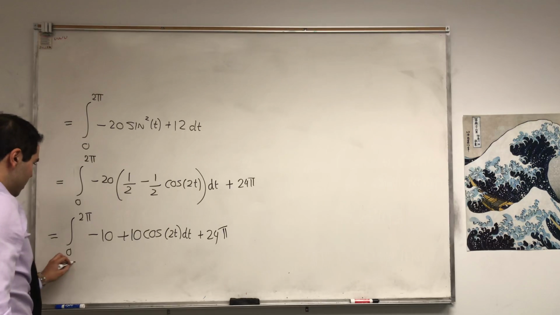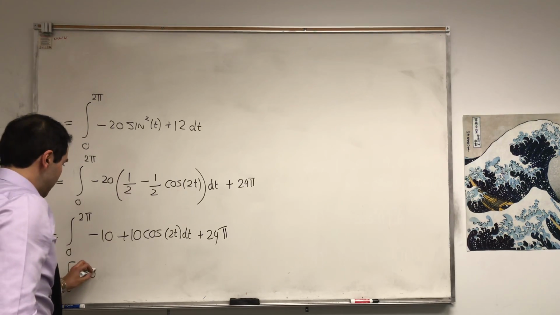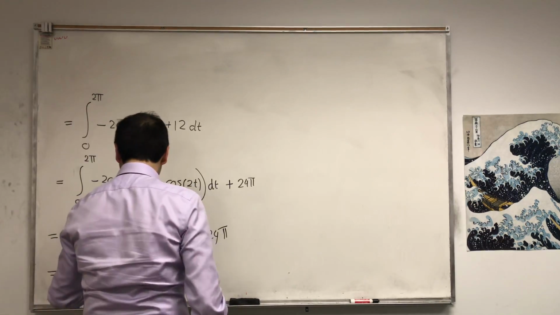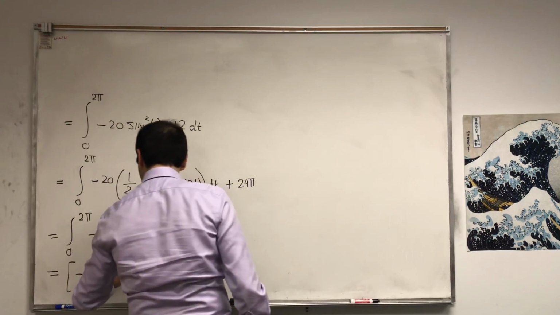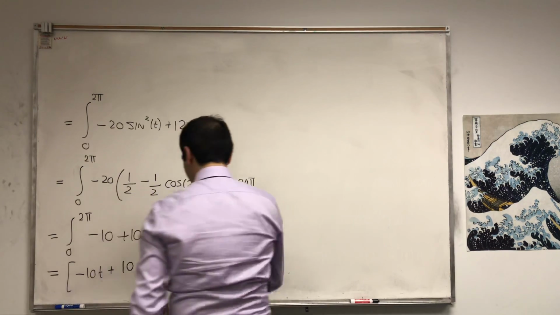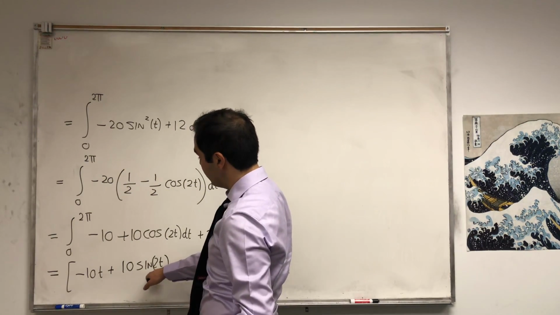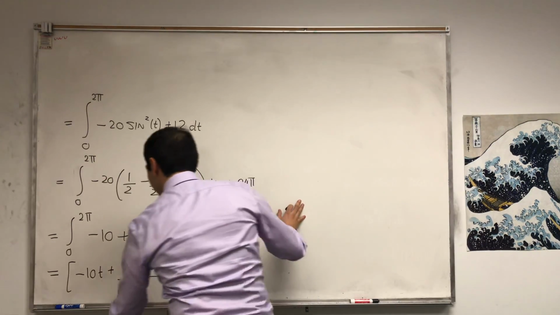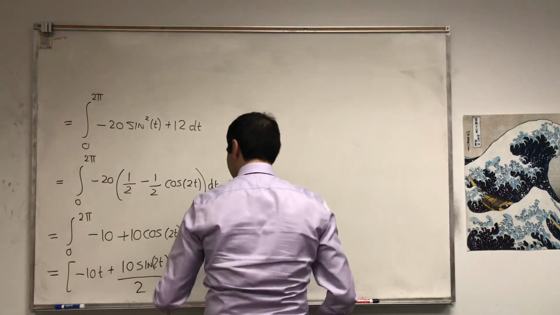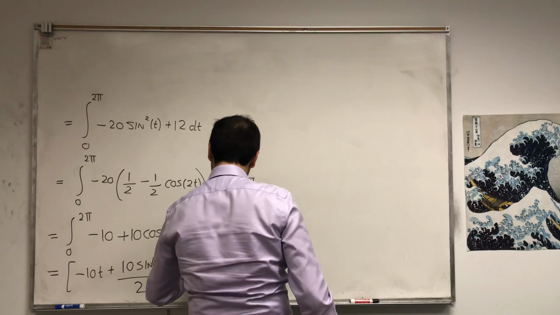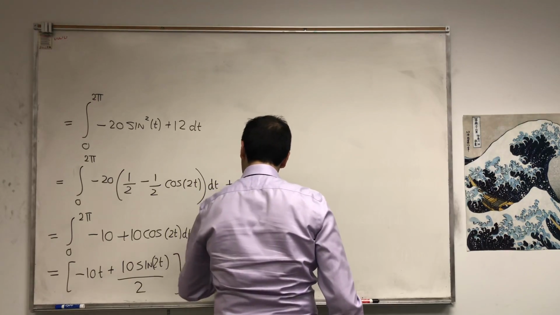And then you evaluate that, so the integral gives minus 10t and then plus 10 sine of 2t divided by 2. Because you see, when you differentiate sine of 2t, you get cosine of 2t times 2. So we have to divide by 2 to make this work. Again, from 0 to 2 pi, plus 24 pi.